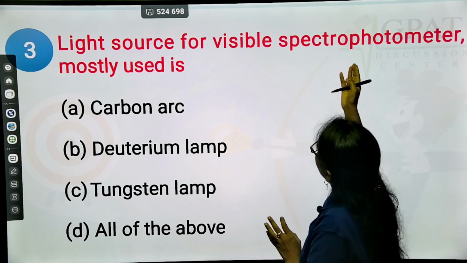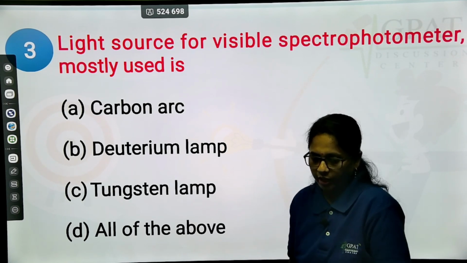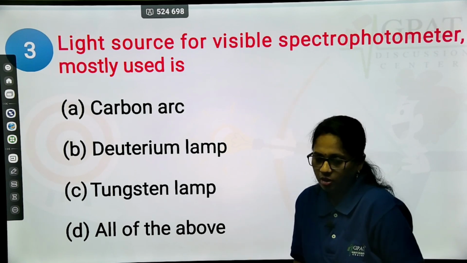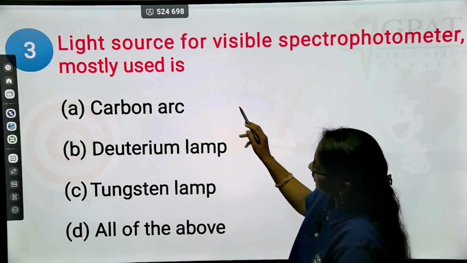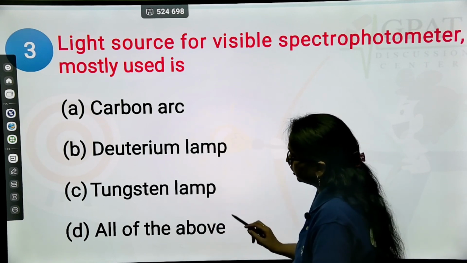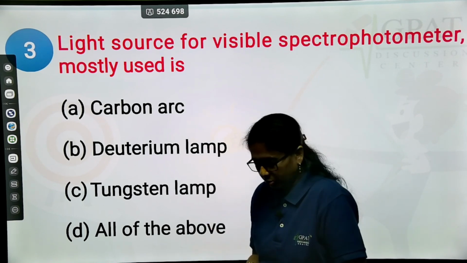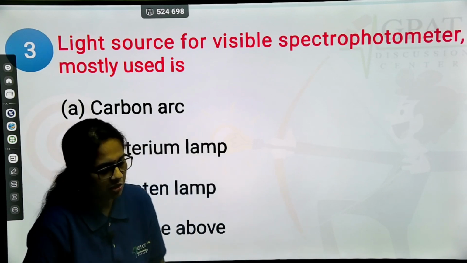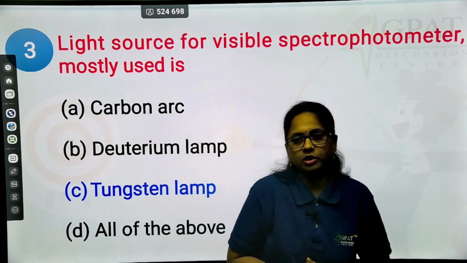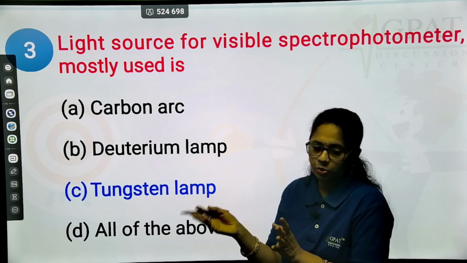For the visible spectrophotometer, the options are carbon arc, deuterium, tungsten, all of the above. Actually, carbon arc and deuterium are not used for visible radiation. Only the tungsten lamp can give radiation in the visible range, that is 400 to 800 nanometer.